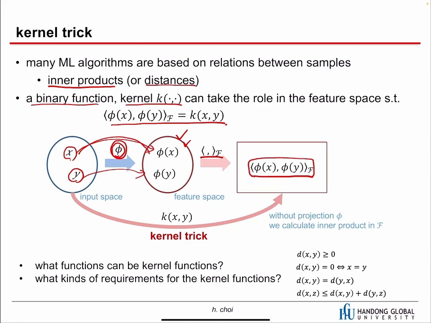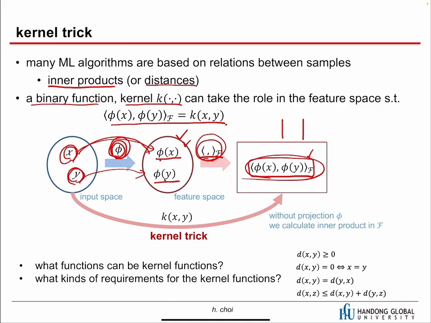Think about the inner product when we have two vectors. If we apply the inner product between these two vectors, then we're going to get one scalar. Likewise, this one is a vector and this one is a vector. So we apply the inner product between these two vectors, then we will get a scalar value. Okay, so far we assume that we have a nice function and we applied inner product. So from x and y, we got this value.